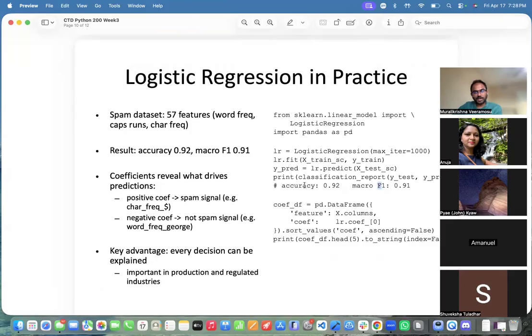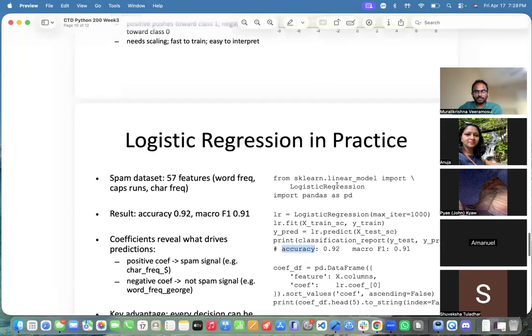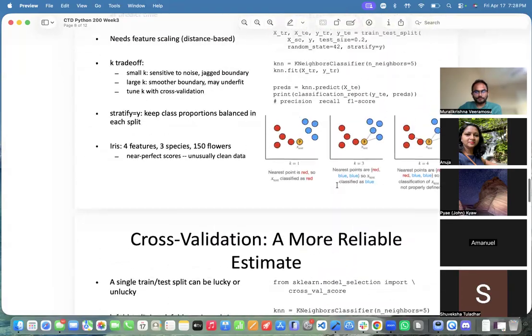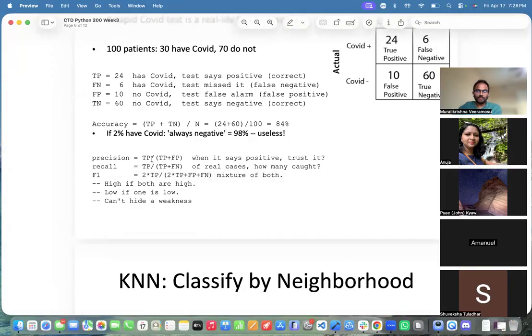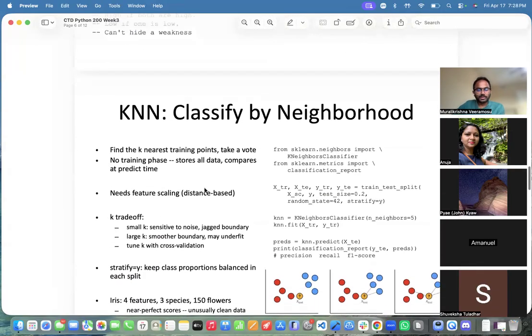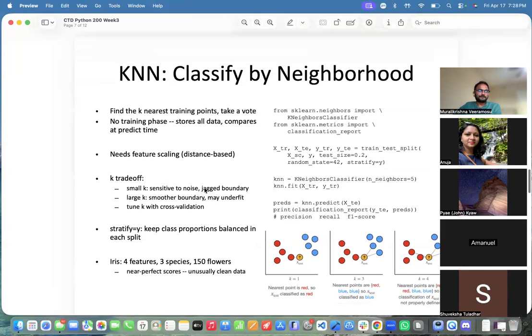So if F1 is high and accuracy is high, then our model is doing well, right? That's the idea about evaluating the classification model. The accuracy should be high and then F1 should be high. When F1 is high, that means precision and recall are high, because F1 is a mixture of both precision and recall, right?